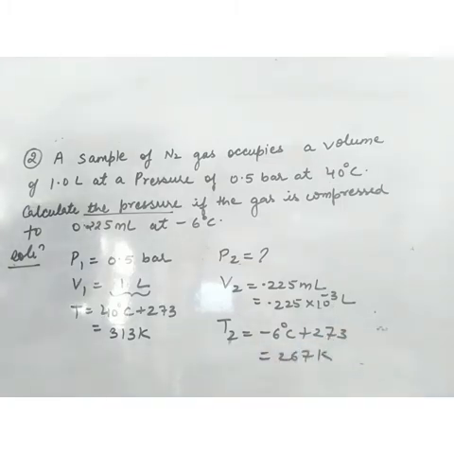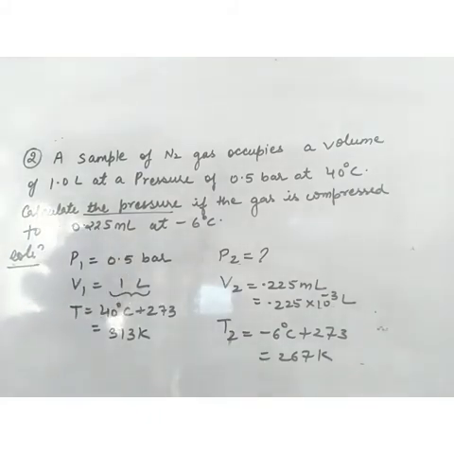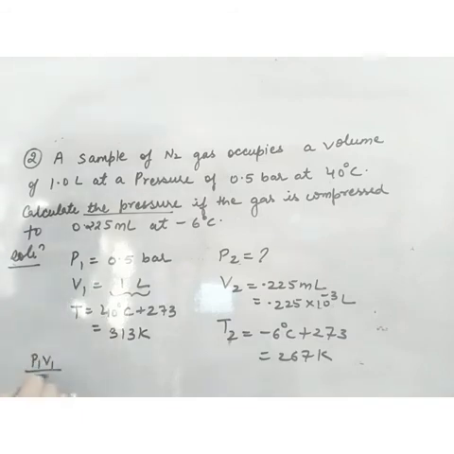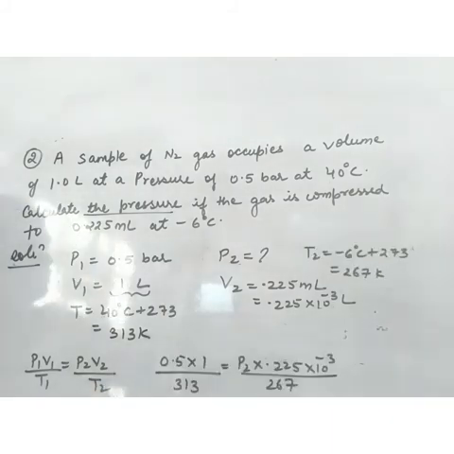Now what formula will we be using? Here we cannot use PV is equal to nRT, because two different conditions are given. So we'll be using the formula P1 V1 upon T1 is equal to P2 V2 upon T2. We can substitute the values and we can get the answer. So after substituting the values, 0.5 into 1 upon 313 equals P2 into V2 upon T2. So I can get my P2.